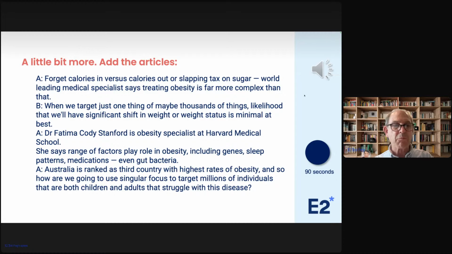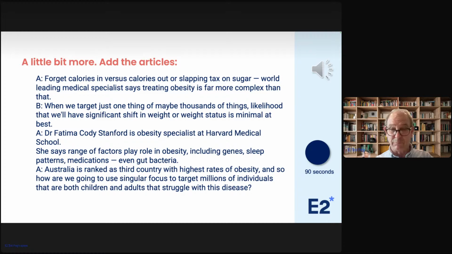Forget calories in versus calories out or slapping a tax on sugar. A world leading medical specialist says treating obesity is far more complex than that. Mm-hmm. When we target just one thing of maybe thousands of things, the likelihood that we'll have significant shift in weight or weight status is minimal at best. Mm-hmm. Dr. Fatima Cody Stanford is an obesity specialist at Harvard Medical School.